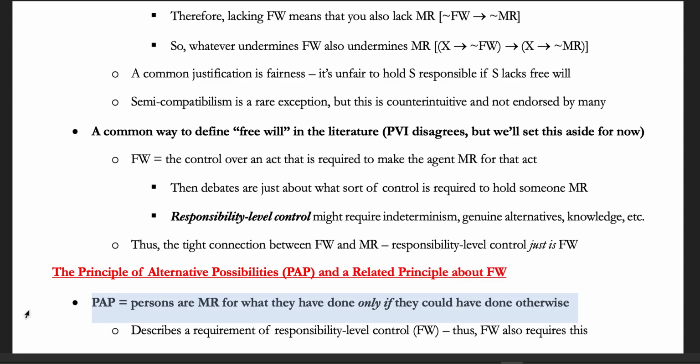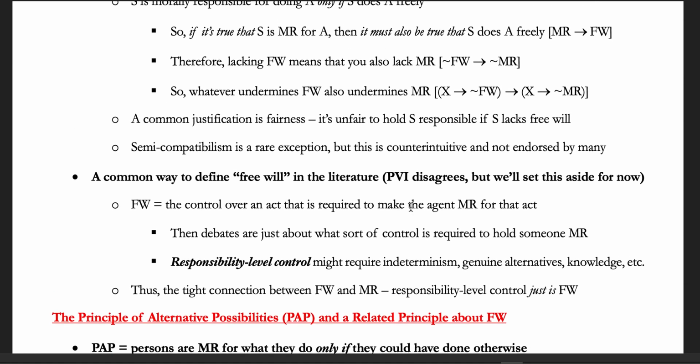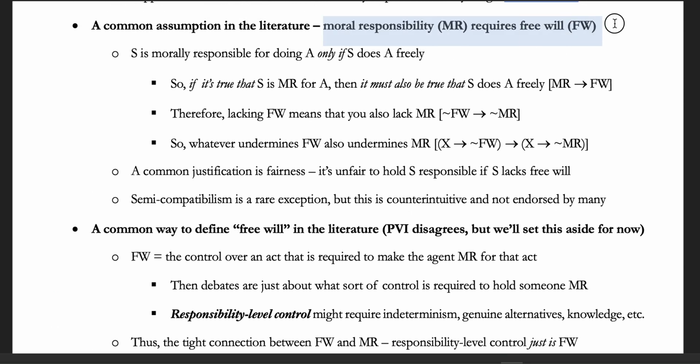So PAP, I'm going to call it PAP for now because it's just simpler. PAP is the principle that persons are morally responsible for what they do, or what they have done, only if they could have done otherwise. All right? This is just another way of saying moral responsibility requires the ability to do otherwise.